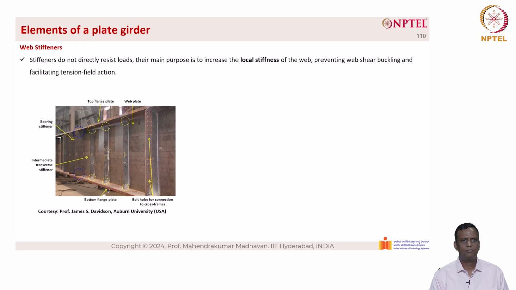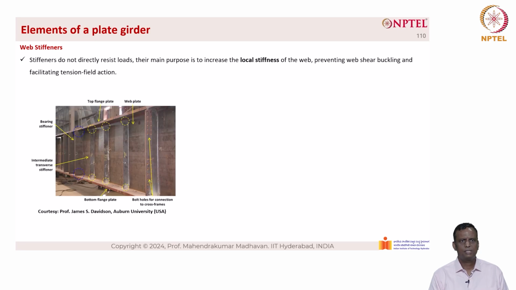And some bearing stiffeners do not have openings or holes for the bolts, and some have them. The holes are primarily given for cross frames, which are very much necessary, especially for curved girders as well as for regular girders, in order to provide lateral stability for the entire section.